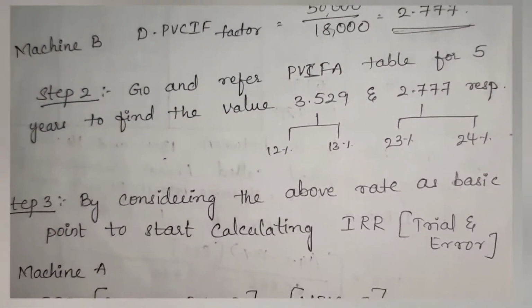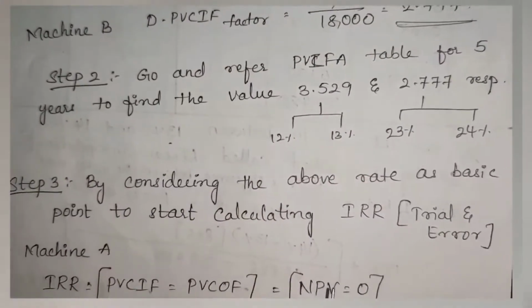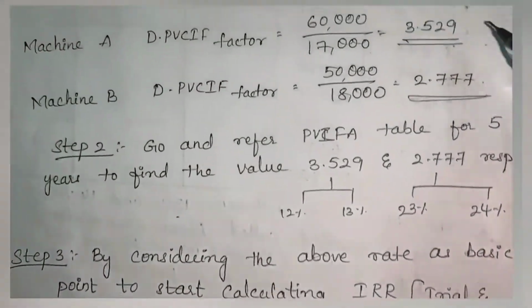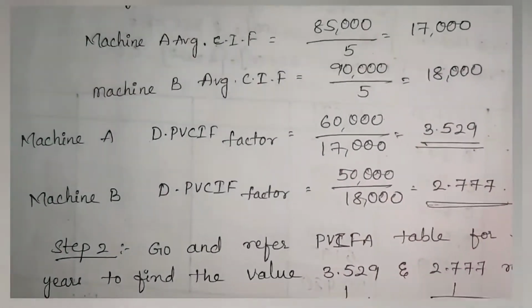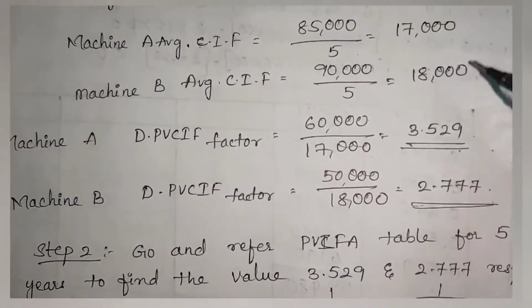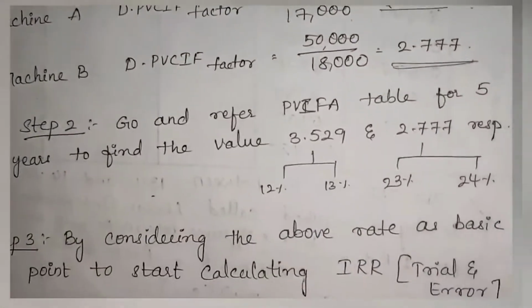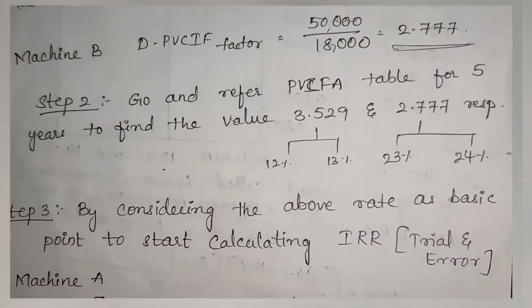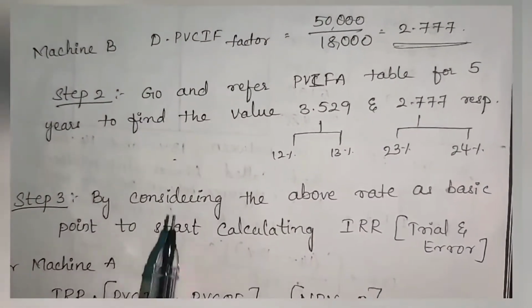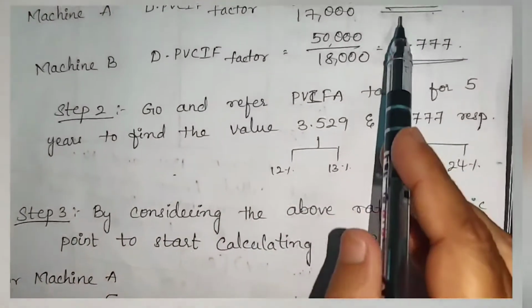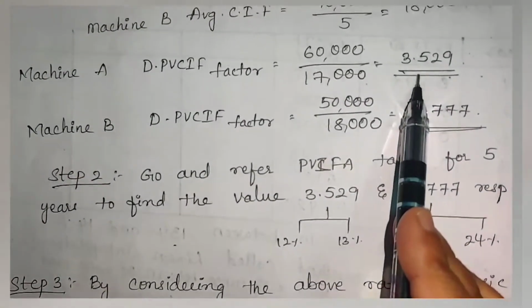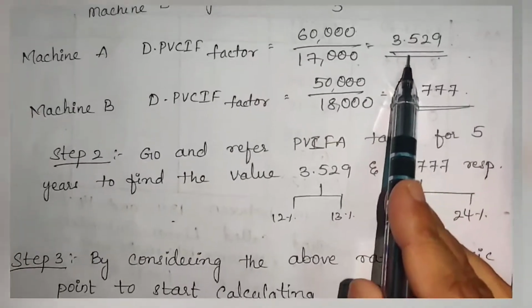Now in the second step, as we know the life of this particular project, or machine inflows are given for 5 years, you have to go to the present value interest factor for annuity tables and check in 5 years at what percentage you will get this 3.529.